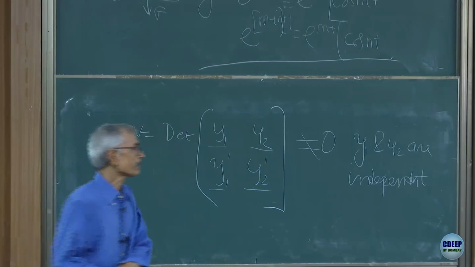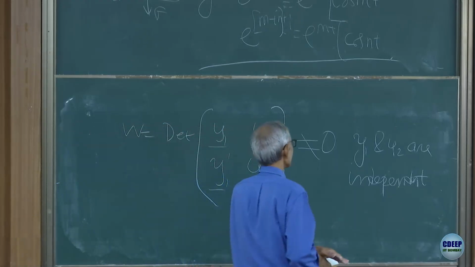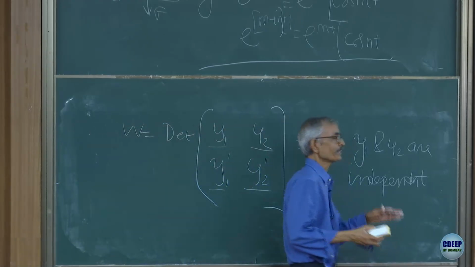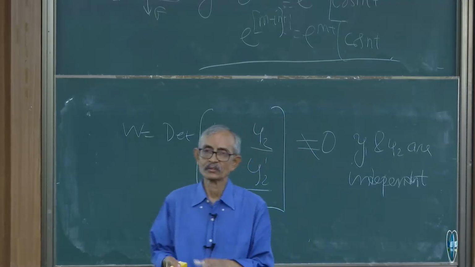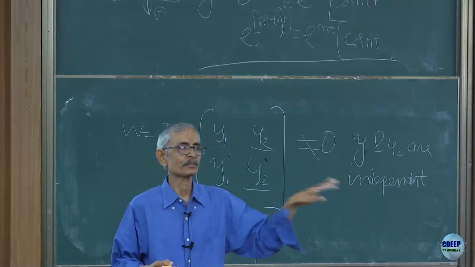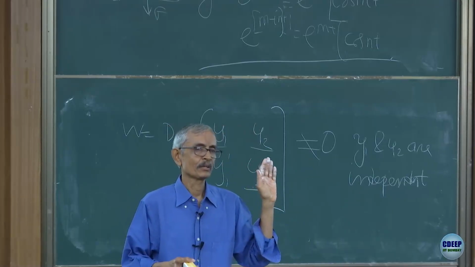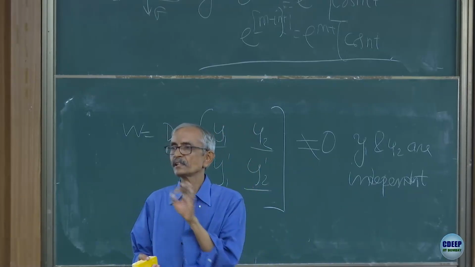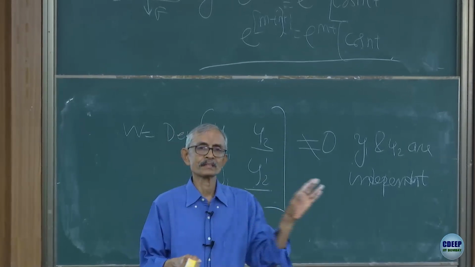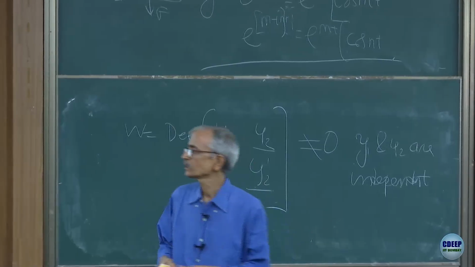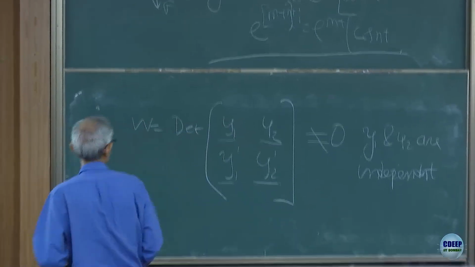If it is equal to 0, that does not make them dependent; you have to do something else to figure out whether they are independent or not. As of now, we are not going to get into that. All that we are saying is, if you have got two solutions, and you want to figure out whether they are independent or not, go ahead and compute the Wronskian.